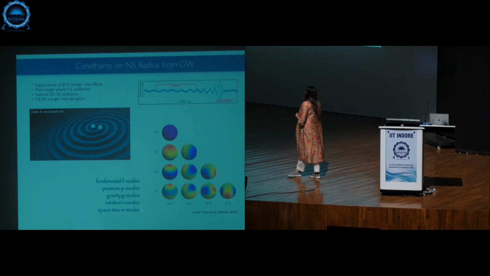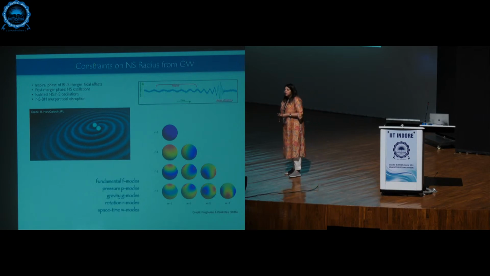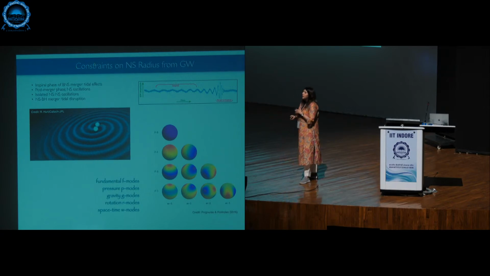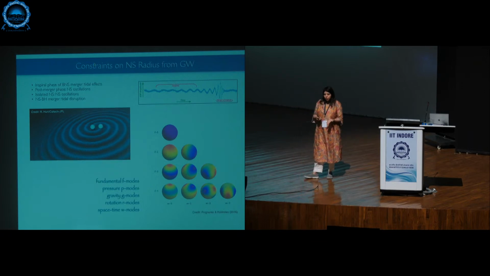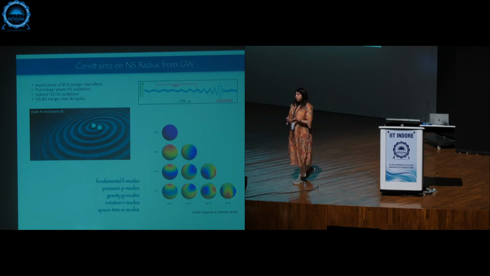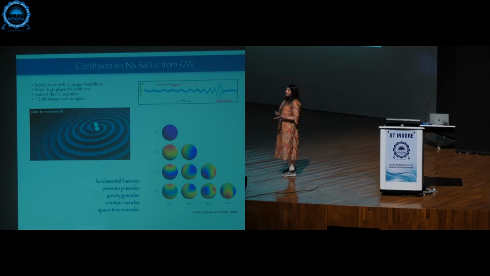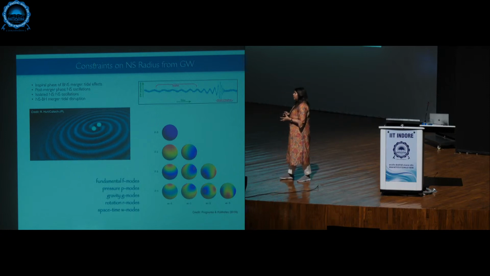So there are now searches to detect this. It is actually a multi-messenger effort because we can observe the signals in the multi-wavelength electromagnetic observations of this post-merger remnant, and until now we have not been able to detect the gravitational waves from the post-merger phase, but there are different proposals in line for other detectors in future that should be able to detect the gravitational waves coming from oscillations of this post-merger remnant.